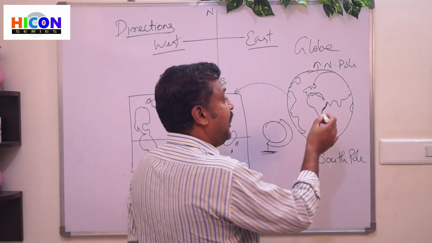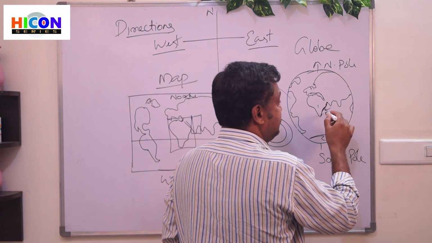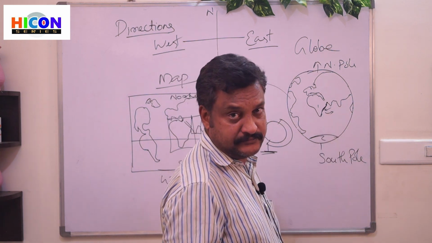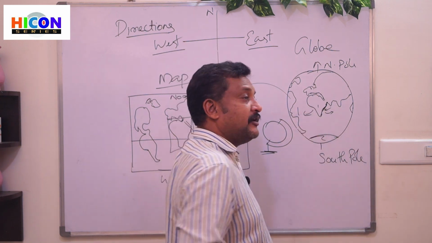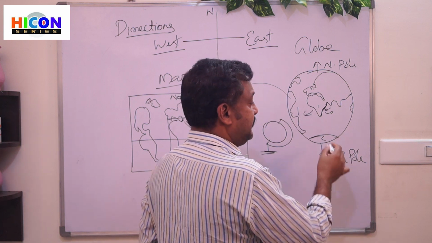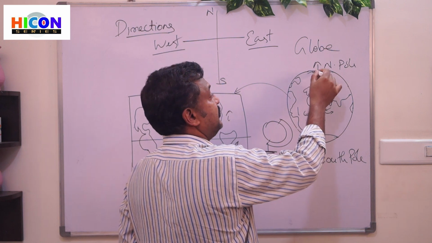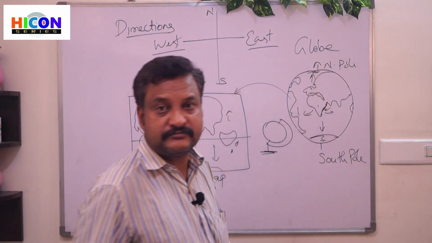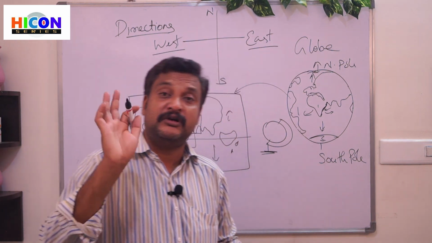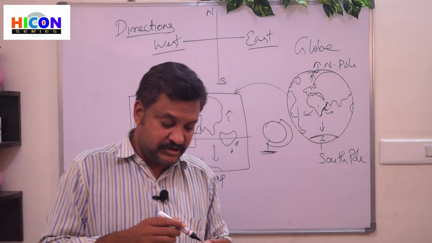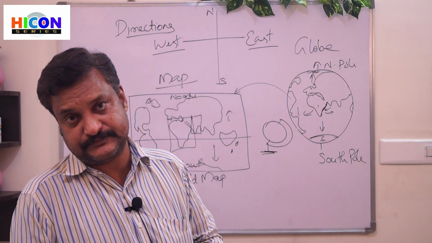We can say Africa is at the west of India, or India is at the east of Africa. Okay, the American continent lies at the east of the African continent. Antarctica lies on the south of the globe. Arctic Ocean is located at the north. Okay, so these four directions, east, west, north, south, are mostly used for locating different places on this earth.